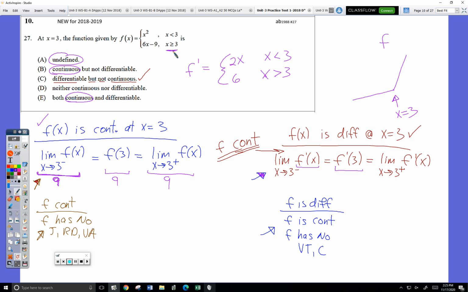This equal sign here would be saying it's possible to find the slope of f at 3. For that picture over there of f, can you find the slope of f at 3? No. So it's possible that we can find f of 3, but we cannot find f prime of 3. That's why we have to leave off the equal when we write out f prime. Is that better? Yeah. Good.